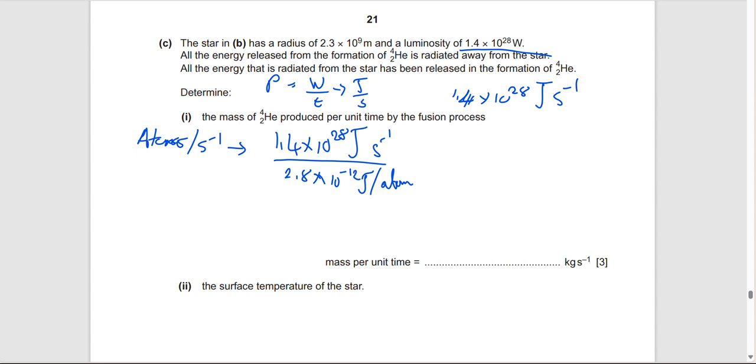Let's use nucleus so that you're not confused. Nucleus or per atom, whatever you use, it works.